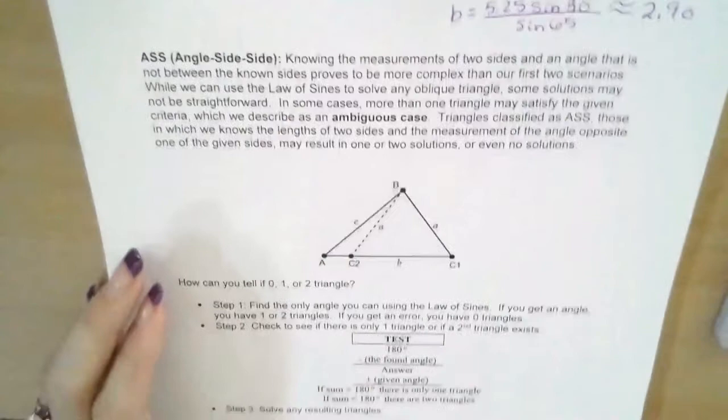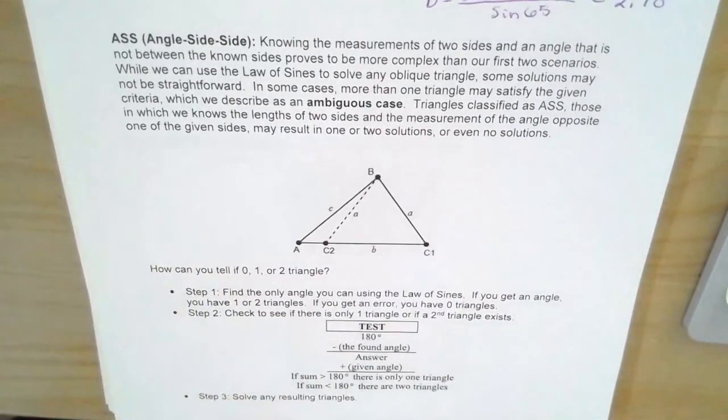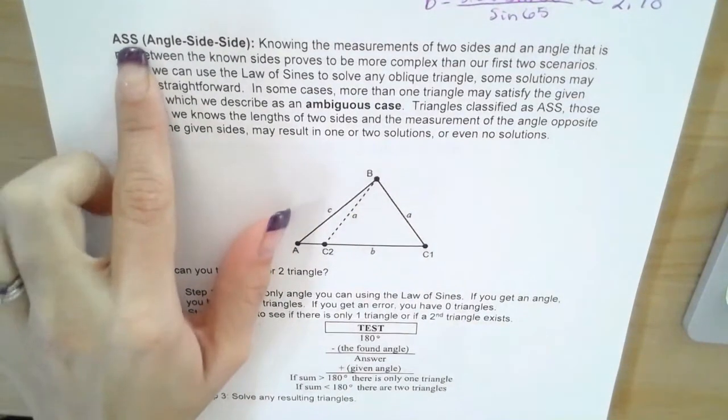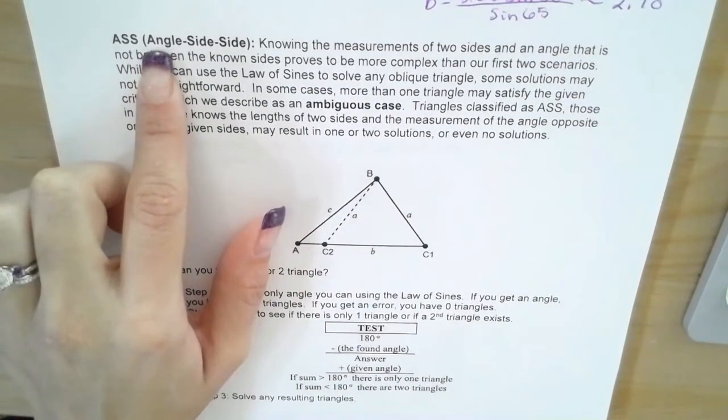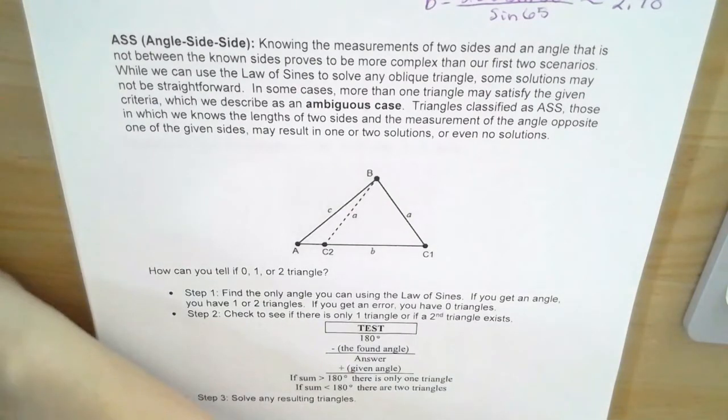Now, last year we talked about the ambiguous case, the angle side side. In about 8th or 9th grade, we had proven that we couldn't have similar triangles that had an angle and two sides right next to each other the same, because we could actually end up creating two triangles with the same angle and two sides.